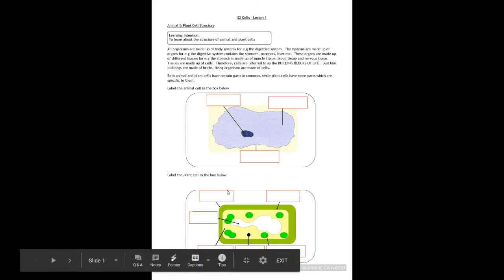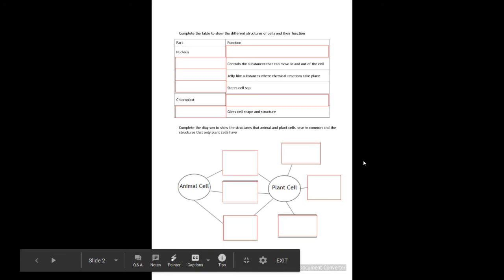So we have the cell wall, the cell membrane, the chloroplast, the nucleus, the cytoplasm, and the vacuole. So the nucleus is the control center of the cell. Controlling substances moving in and out is the cell membrane. The jelly-like substance is the cytoplasm. What stores cell sap is the cell vacuole.